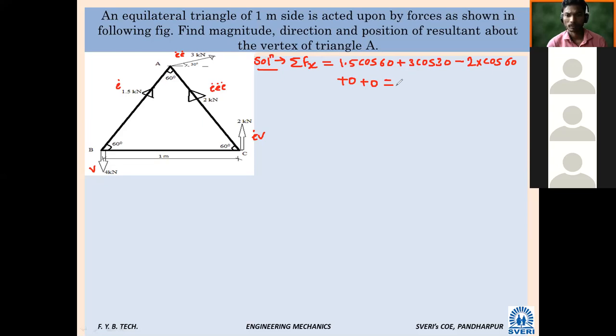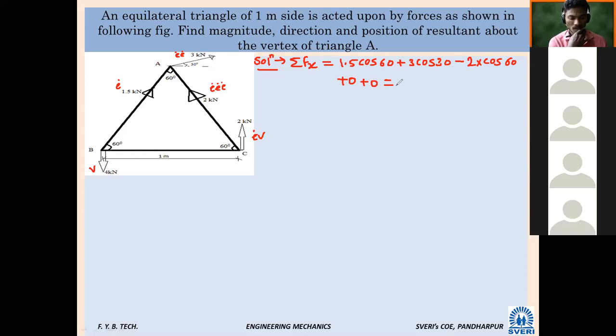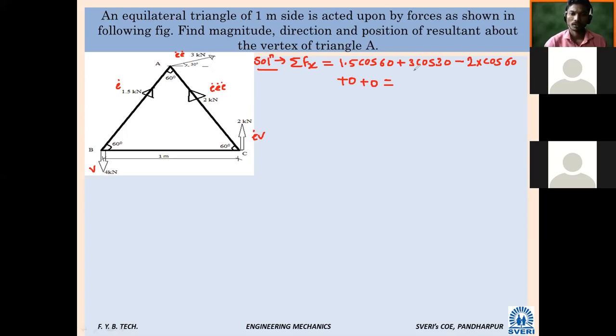Carefully you have to go for calculation. Plus how much? Plus 2.34. Unit? Kilonewton. It should be kilonewton, no? Next, just check whether plus or minus. Plus, sir.